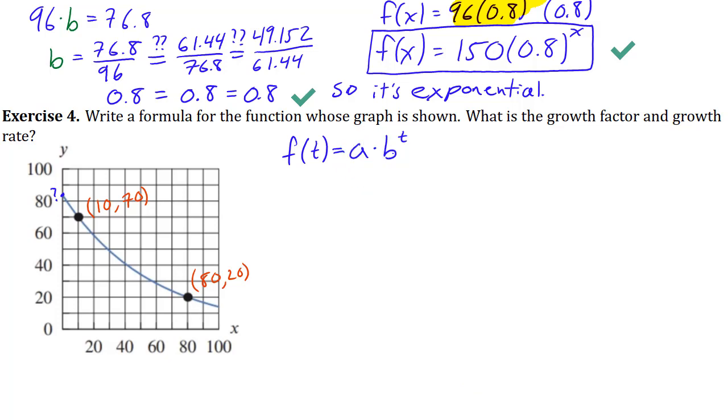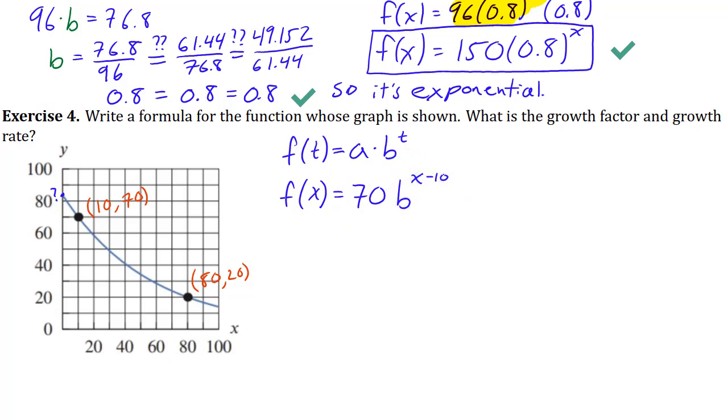What if, instead of doing it this way, we thought about the 10, 70 as being the starting value? So, if we do it as 70 times b to the power, oh, this is supposed to be x, I guess, here. To the power x minus 10.